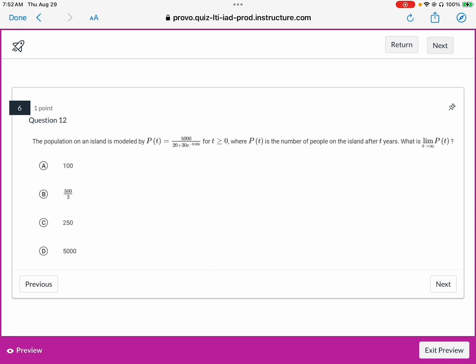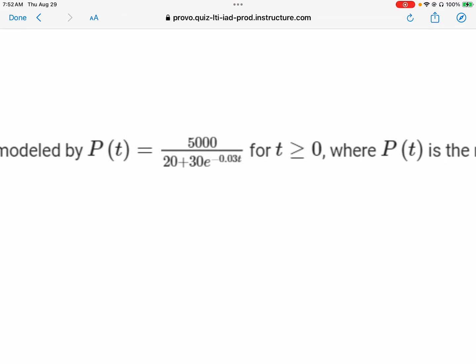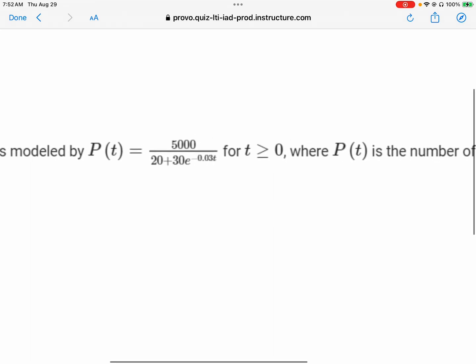Okay, so we're pretty much just trying to find what the horizontal asymptote is as t approaches infinity. And so the only thing you're really trying to evaluate is what the function is doing at infinity, right? So if you go to this expression right here, there's only one spot for t, and that's going to be in the denominator, in the exponent of that right there.